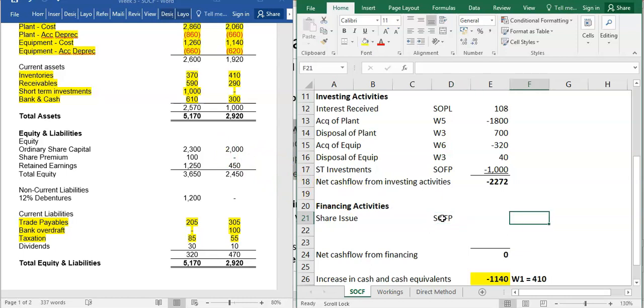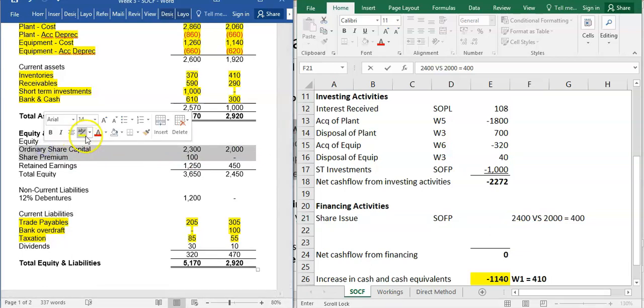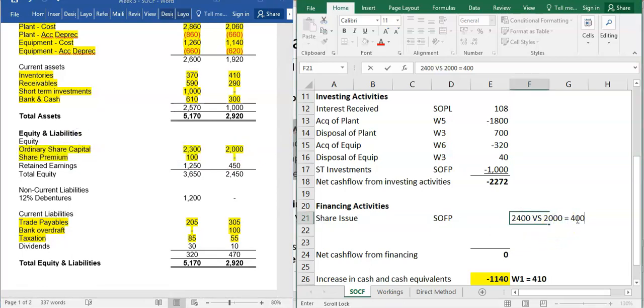The new ordinary share capital and share premium is now 2.4 million versus 2 million, which is a 400,000 increase. So you've clearly issued shares for 400,000 during the year, because you have to look at both of those line items together because they're impacted by the same thing. What you have to take off then is minus the 30 in expenses.